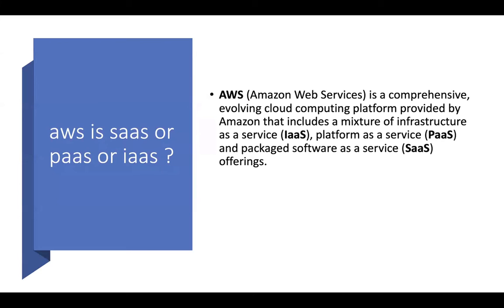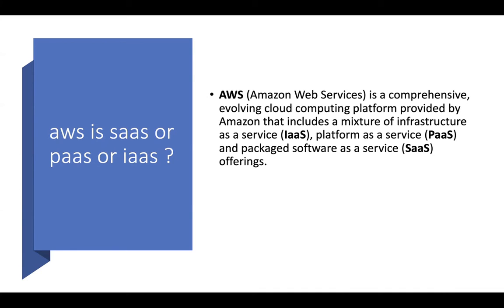So the main question: is AWS a SaaS, a PaaS, or an IaaS? AWS is a comprehensive and evolving cloud computing platform provided by Amazon that includes a mixture of infrastructure as a service, platform as a service, and packaged software as a service offerings.